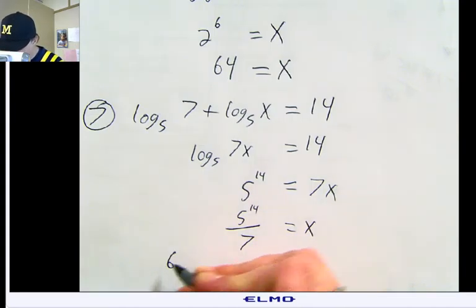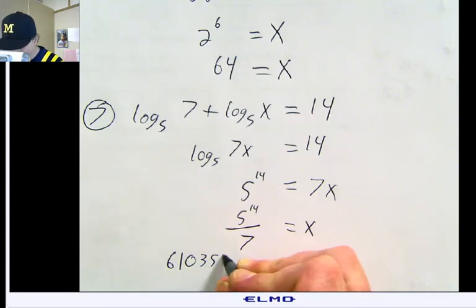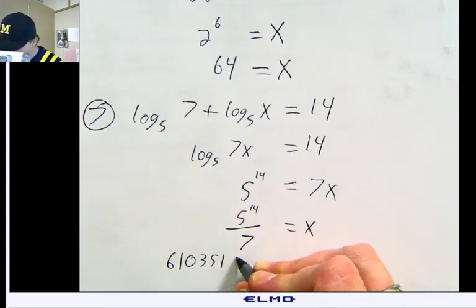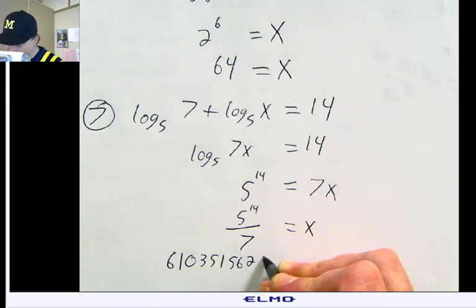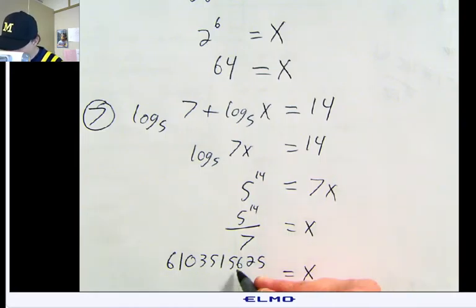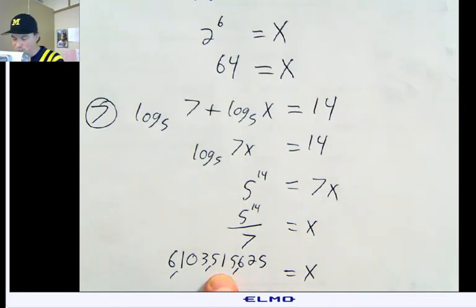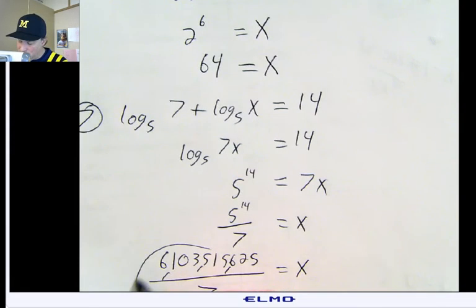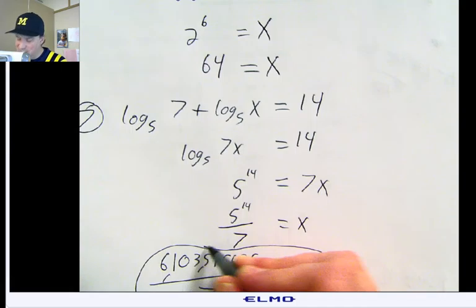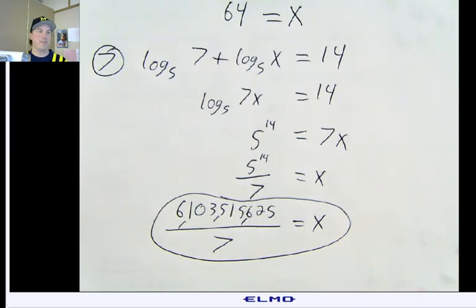I got this giant number, 6,103,515,625 all over 7, and that is a nice exact answer.